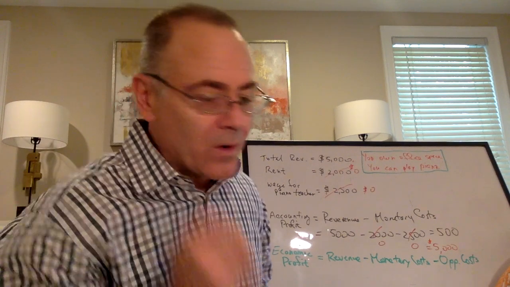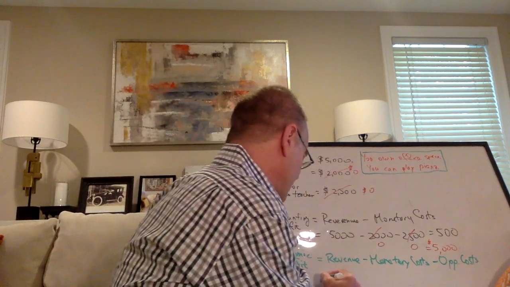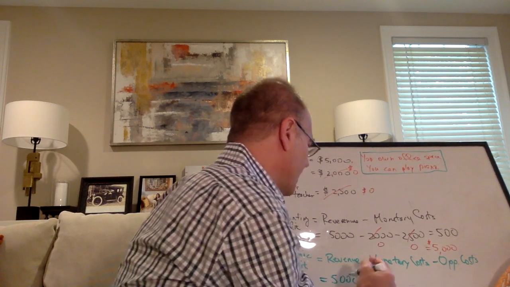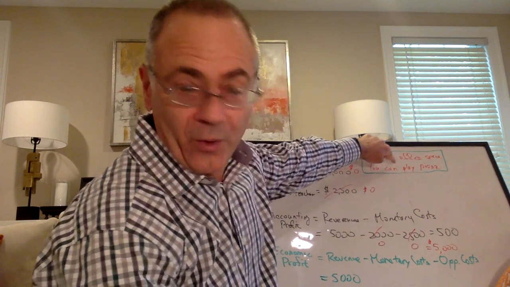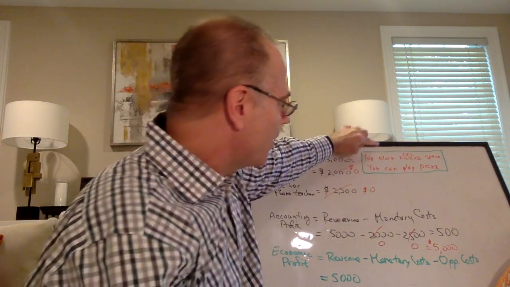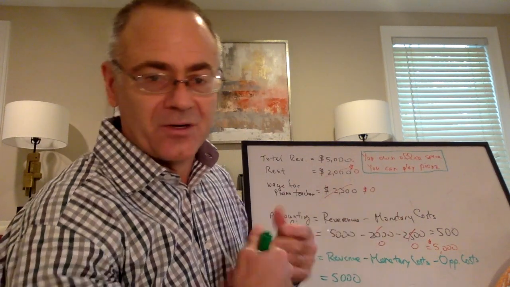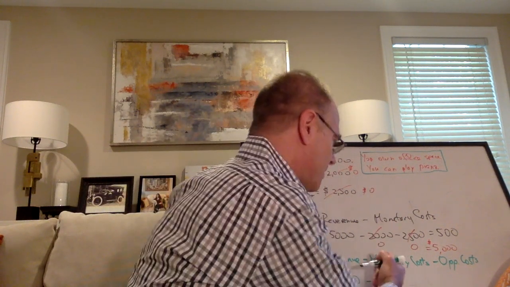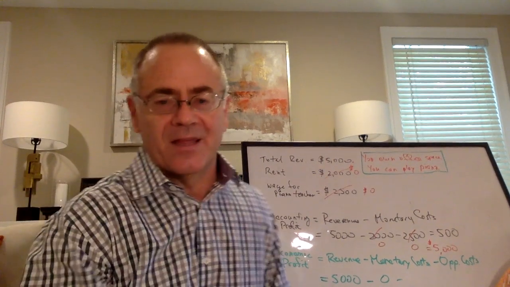Okay. So now what happens with economic profit? The revenue is still the same, $5,000. The monetary costs, we're still assuming the red assumptions. So we own the office space. We don't have to hire a piano teacher. I'm the entrepreneur. So the monetary costs are zero. But what are the opportunity costs? Okay, let's think about this.